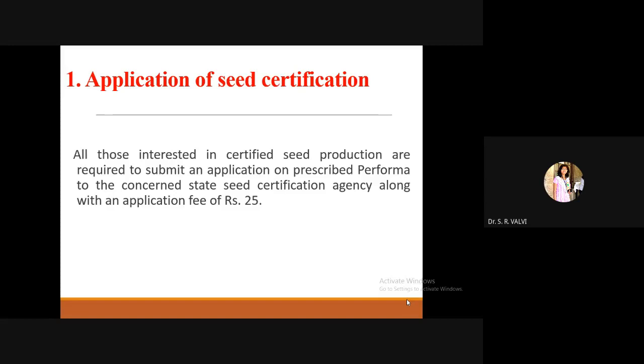For that purpose the application fee is very minimal, only 25 rupees. This application form you have to take for seed certification, and it is available at the concerned state seed certification agency. From here you have to take this application form, which costs 25 rupees.